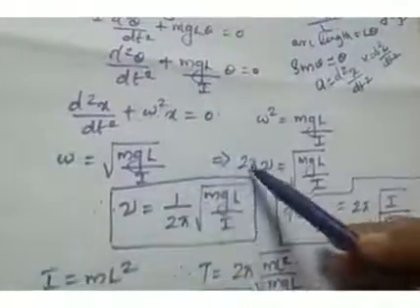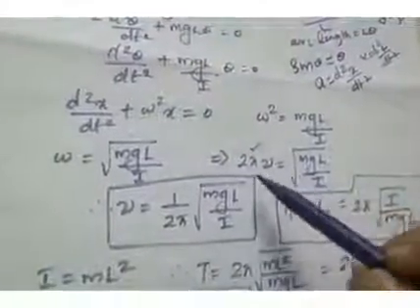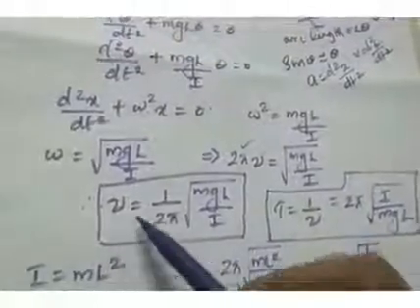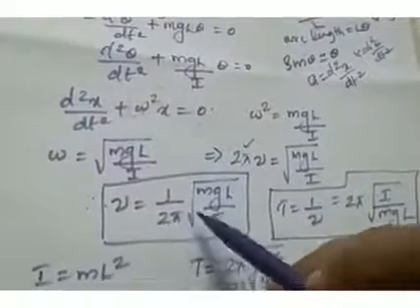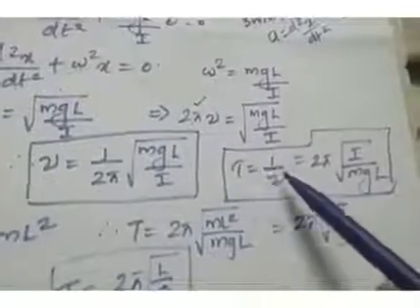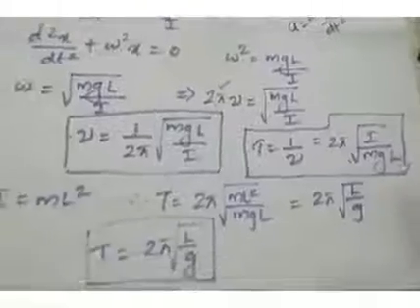And omega can be written as 2 pi nu. So 2 pi nu equal to square root of mgl by I. Therefore, nu equal to 1 by 2 pi square root of mgl by I. And time period T is the reciprocal of nu. So time period T is equal to 1 by nu, equal to 2 pi square root of I by mgl.